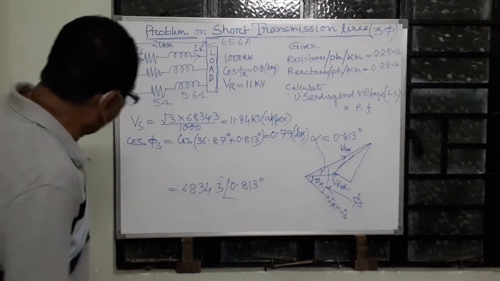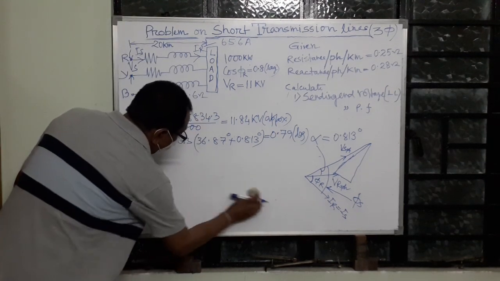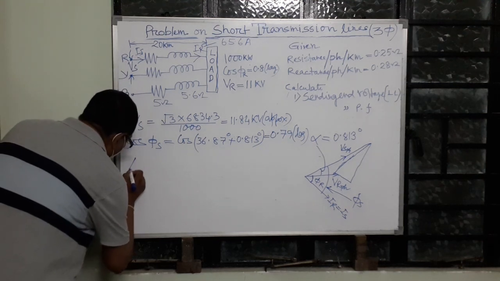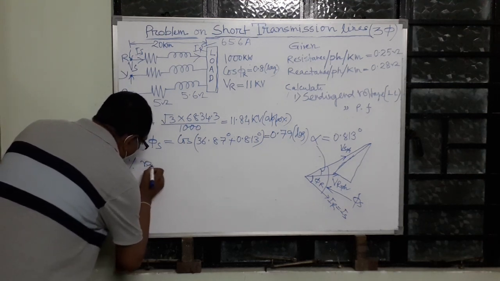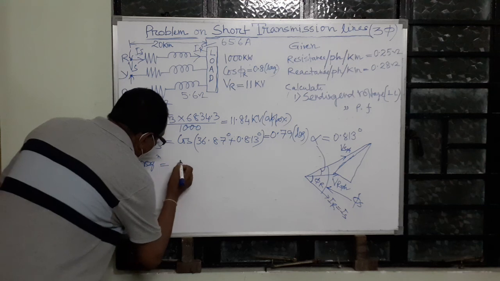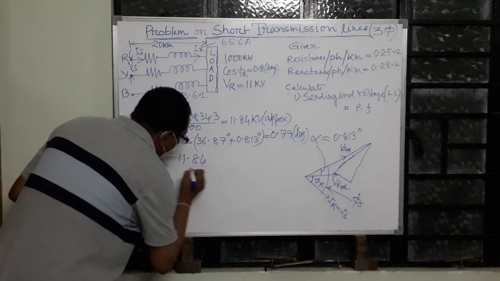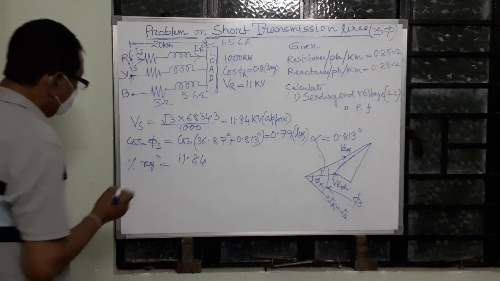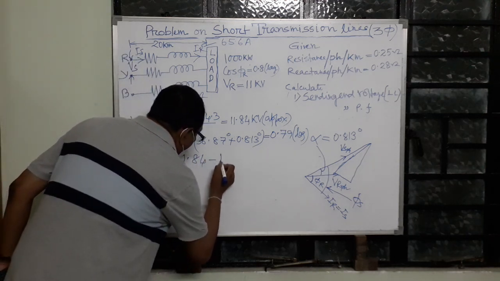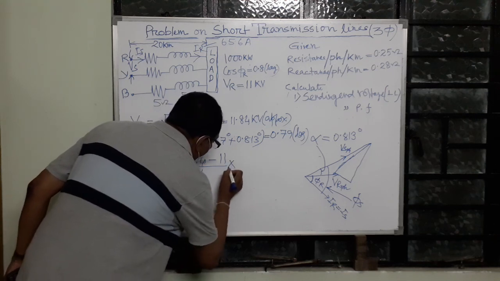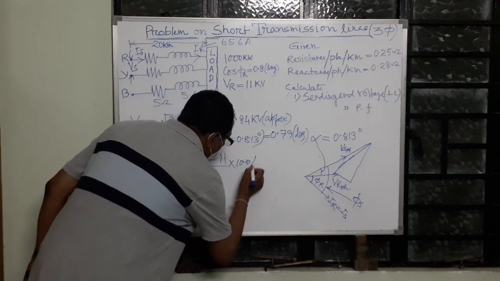Now the third point is the percentage of voltage regulation. Percentage of regulation is equal to 11.84, this is the sending end line voltage, minus 11 kV, divided by 11 kV, into 100%.